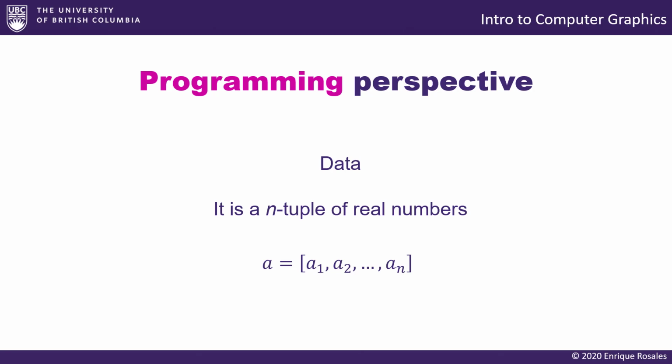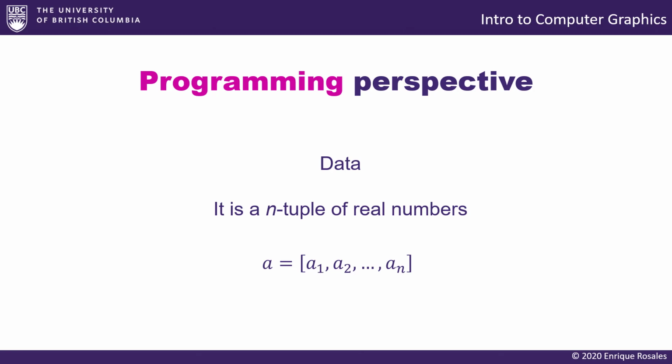Only 2 or 3 or 4 real numbers. And usually we can code different types of classes for vectors, and obviously we can do cross product, dot product operations, wedge operations in case of geometric algebra and all that. But again, they're just a collection of numbers. So for now, let's not say the word vectors. Let's call it data. Okay? So we are computer scientists. We code. This is just data.